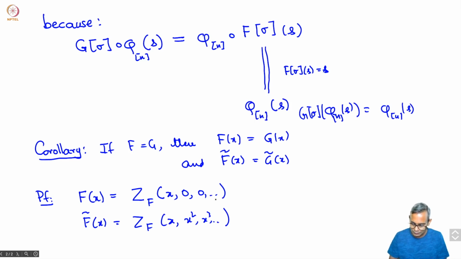Now it's possible that the generating series, the exponential generating series of two species are the same, but the species are not isomorphic.